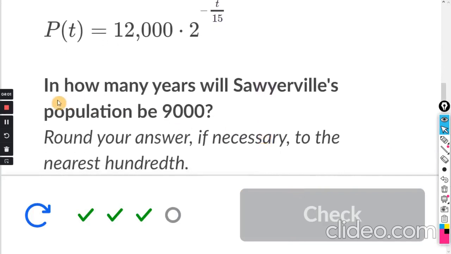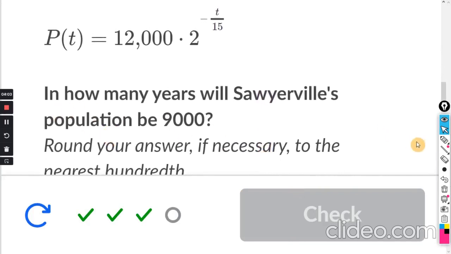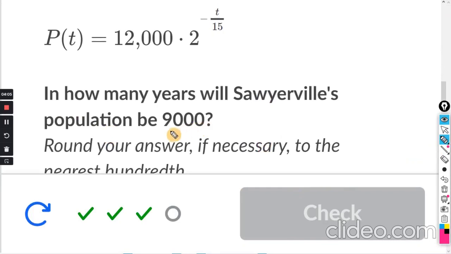So basically, they say the population is 9,000. And we said P of t represents the population, so that's going to be P of t. And it says in how many years. So we said t is time in years, so we're plugging in 9,000 for P of t and solving for t.